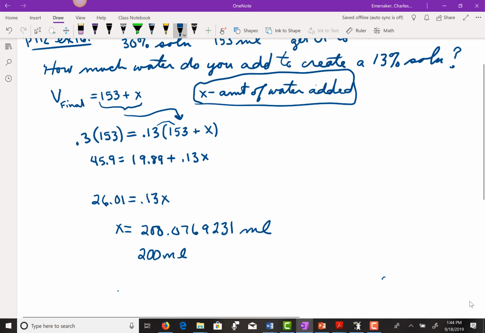The amount of water you add. Well, we got down here that x is 200 milliliters. That means we're going to add how much water? 200 milliliters. Another question you could be asked is, once you get this new mixture finished, how many milliliters of the mixture will you have?